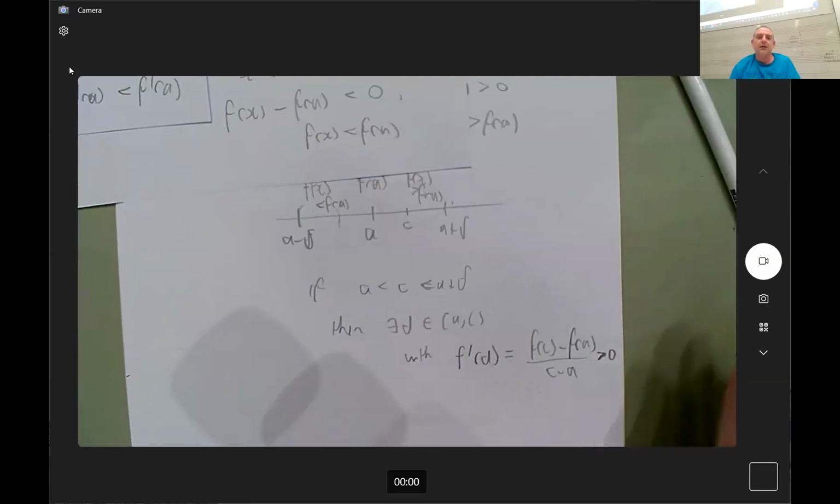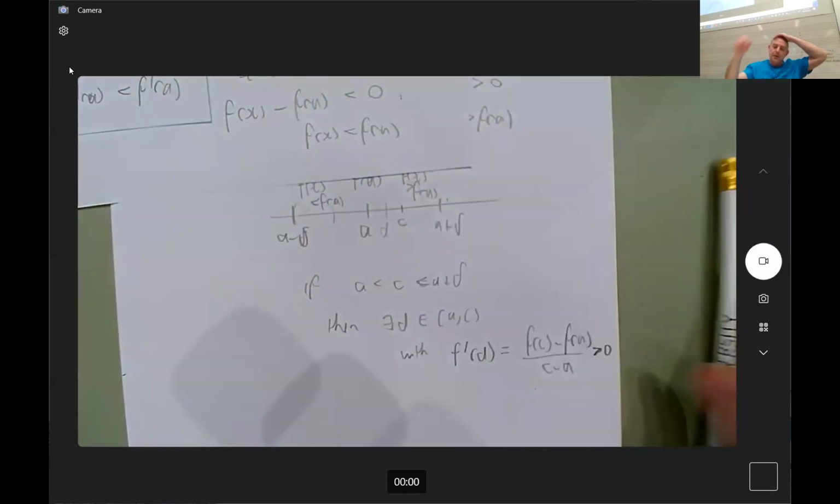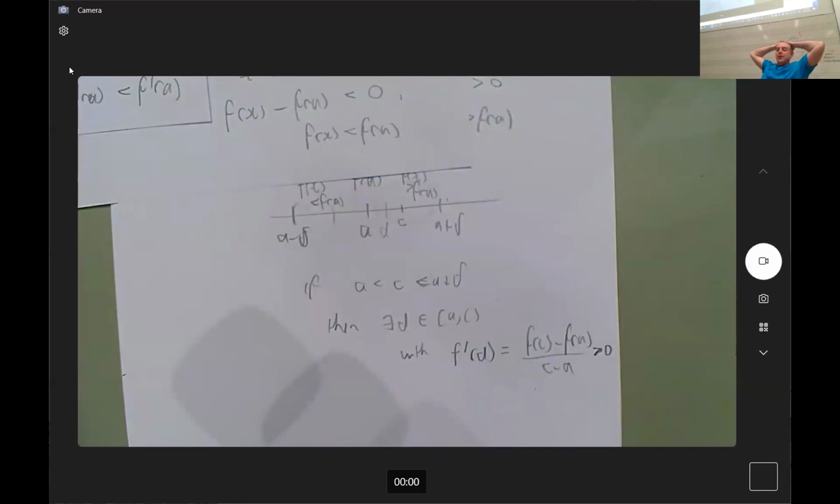So there's definitely another point somewhere in the middle where the derivative is positive.